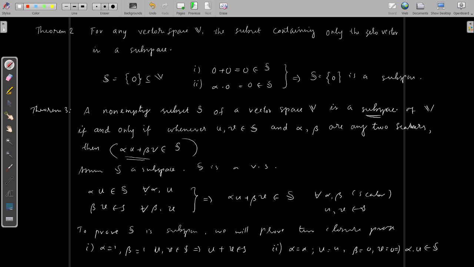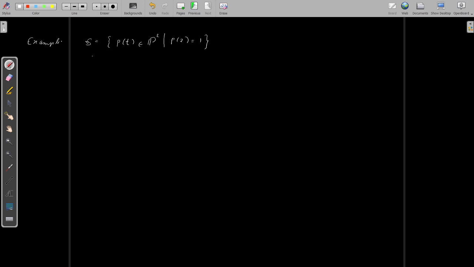As S satisfies the two closure properties, this non-empty subset S is a subspace of V. So this proves theorem 3. These two theorems are very important, so please go through them. Now we have some examples on these theorems.